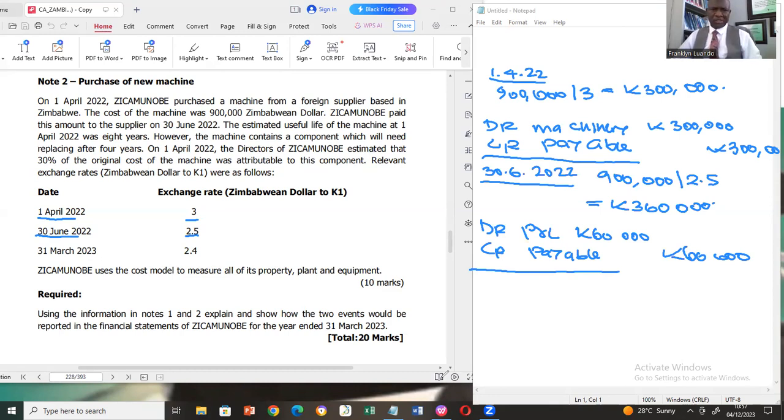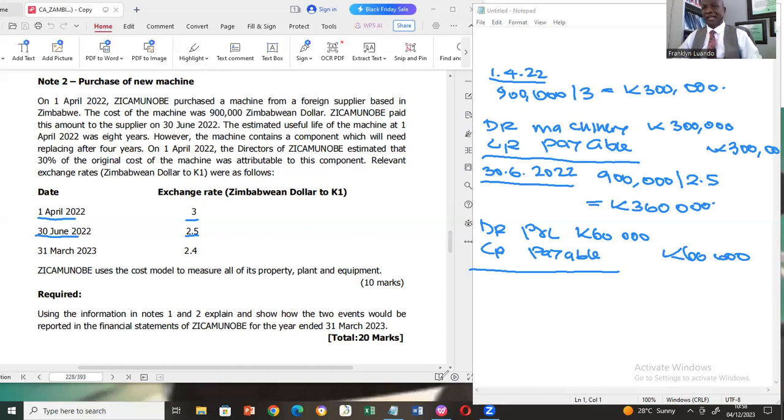Now we are told this asset has 2 components: a component that will be replaced after 4 years, and another component which has an expected useful life of 8 years. Now I want to explain that this is an example of a complex asset.